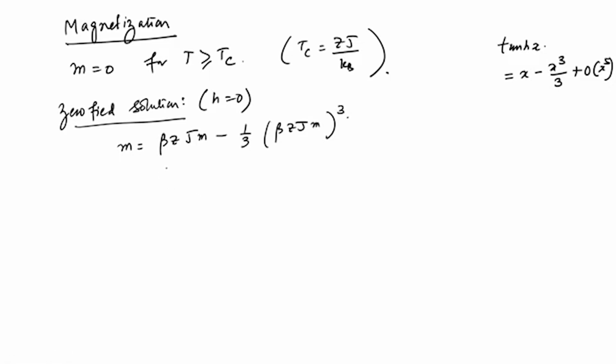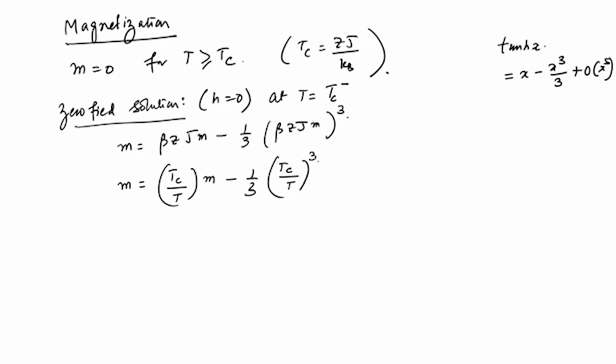Now we do an expansion at T equal to Tc minus. So, we approach Tc from the ordered side of the transition, and then we have m equal to Tc over T times m minus 1/3 Tc over T whole cube times m cube, for T tending to Tc from below.